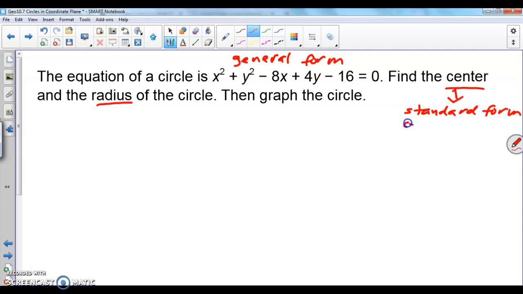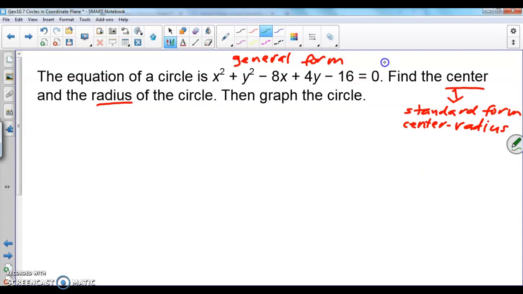Now, sometimes the standard form is also called the center radius form because it gives you the center and the radius automatically. Okay, we're going to slow down a little bit because our class is a mix of ninth graders and 10th graders. And I don't know if the ninth graders discussed completing the square in their elementary grade.